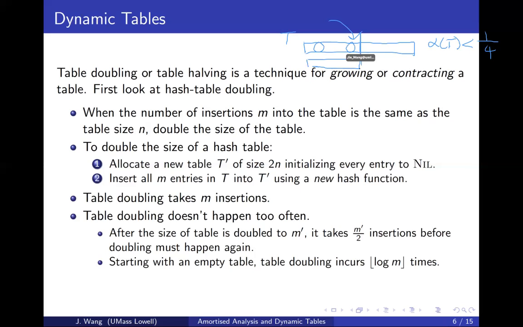So maybe there are some items here, and then you're going to do a rehashing. You still have about half of the space in this new table unoccupied. So that means you can do a few insertions before you have to expand it again. Okay, so that's table halving.